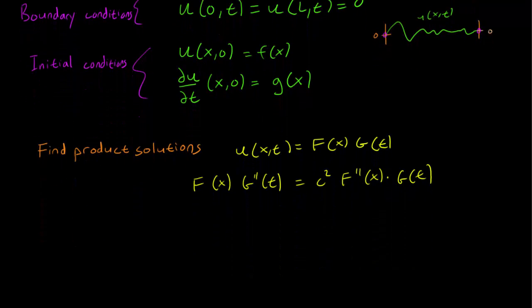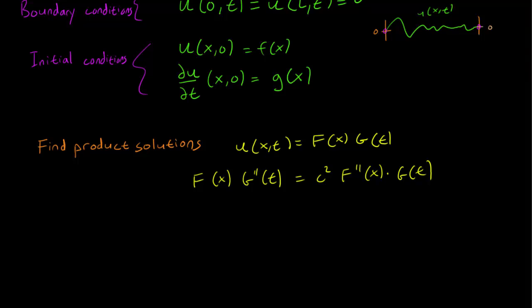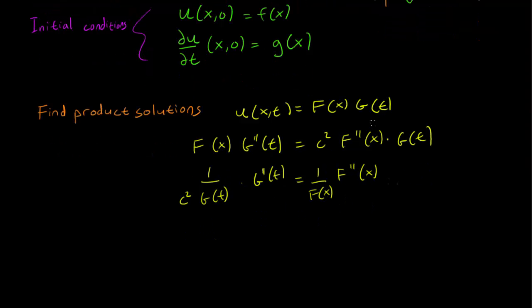And this simplifies. If we move all the t's to the left and all the x terms to the right, we get 1 over g(t) times g double prime(t), let's also put a c squared over here, equals f double prime(x) times 1 over f(x).